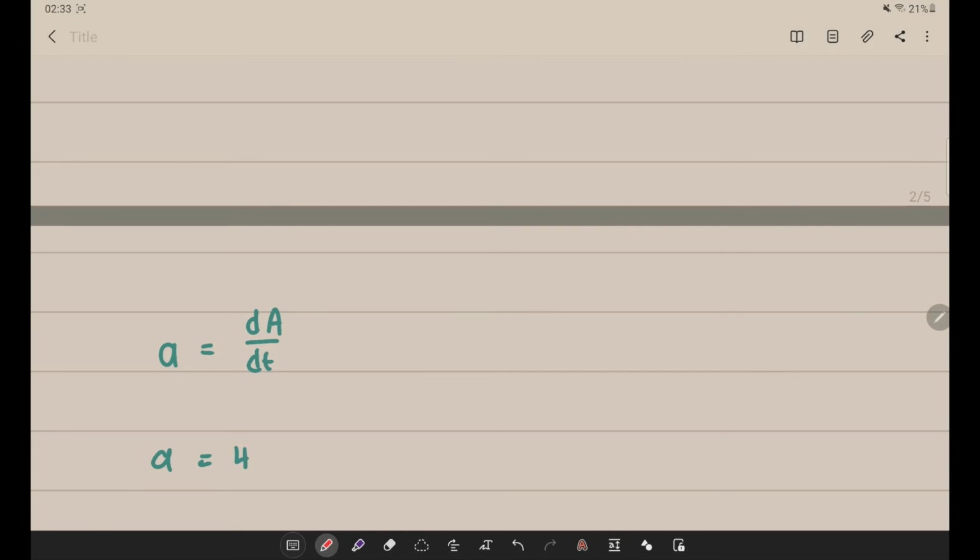First, let us take a look at A. A is dA over dt, which is given in the question as 4. We need to check whether the rate given is positive or negative. In this case, the surface area is increasing because we inflate the balloon.